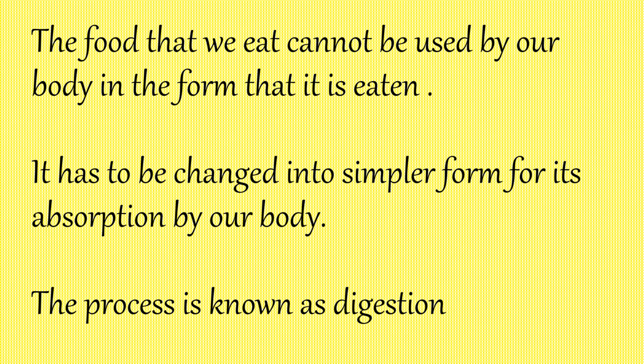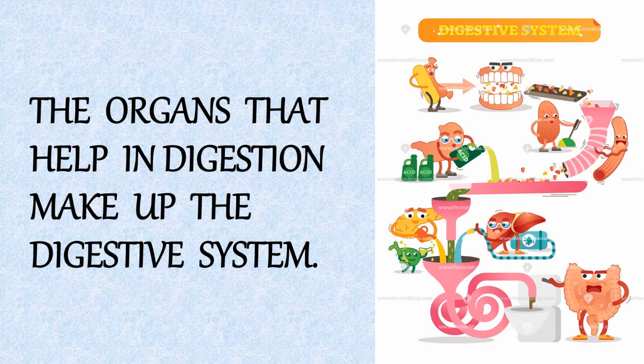Students, do you know the food that we eat cannot be used by our body in the form in which it is eaten? We eat food to get energy, but the food does not give energy directly. The digestive system breaks down the food that we eat into a simpler form. The organs that help in digestion make up the digestive system.